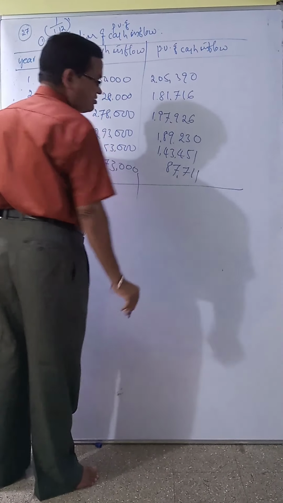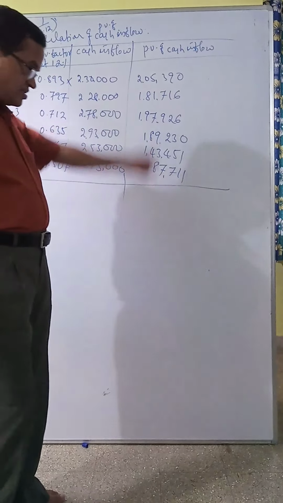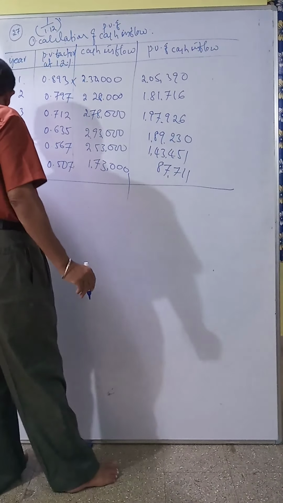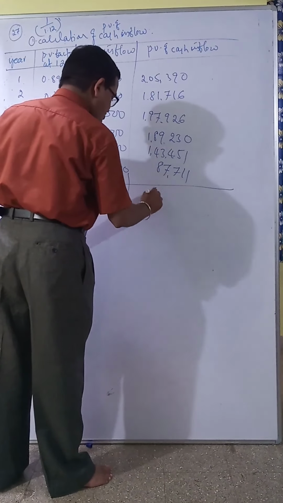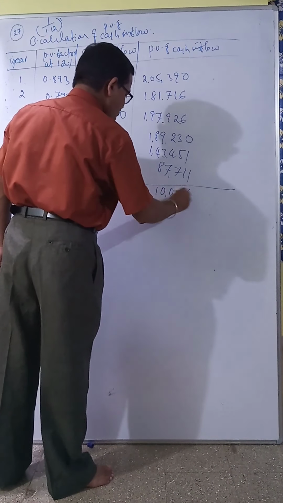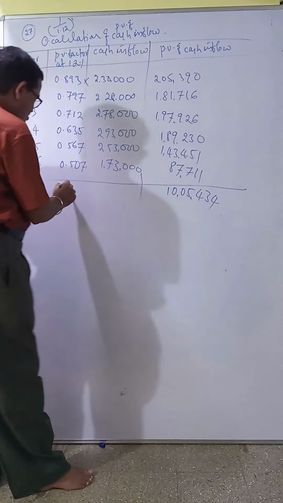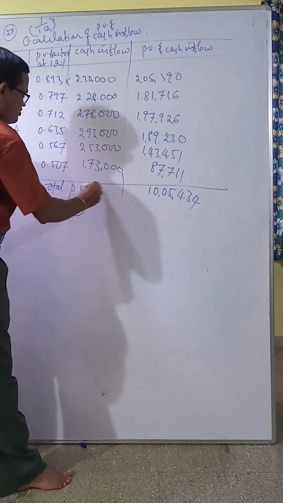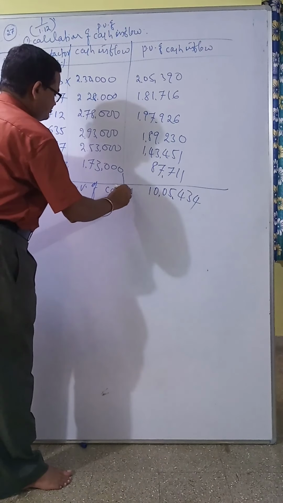This is the present value of cash inflow. Make a total of the last column and you will get 10,05,434. This is the total present value of cash inflow.